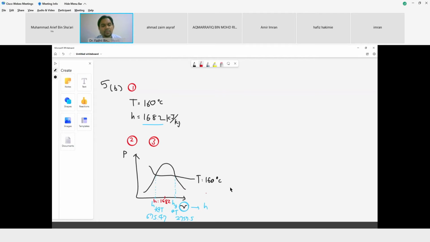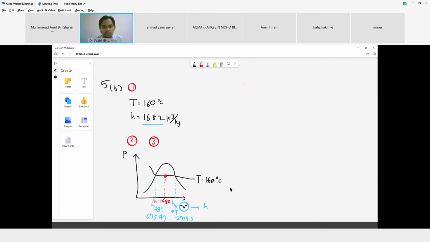Then you can draw a vertical line to our temperature constant line. So here is the point, the location of our phase. Meaning that the phase should be a saturated liquid vapor mixture because it is located on this region, a saturated mixture region.